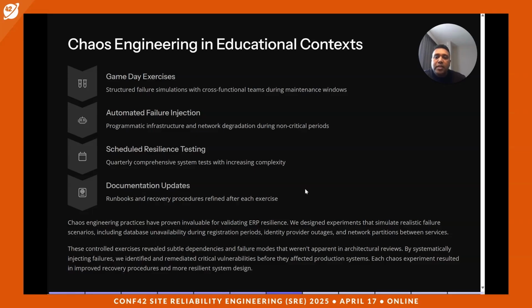By systematically injecting failures, we identified and remediated critical vulnerabilities before they affected production systems. Each chaos experiment resulted in improved recovery procedures and more resilient system design. So that is where chaos engineering in the educational context is very, very relevant as well.